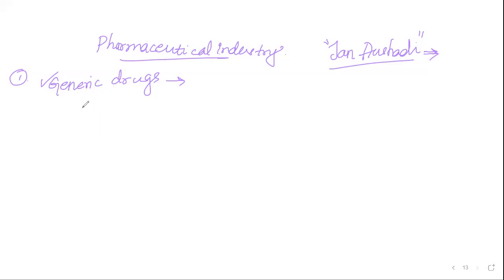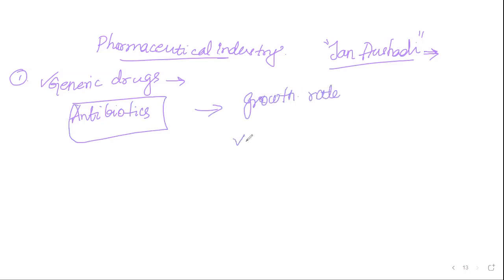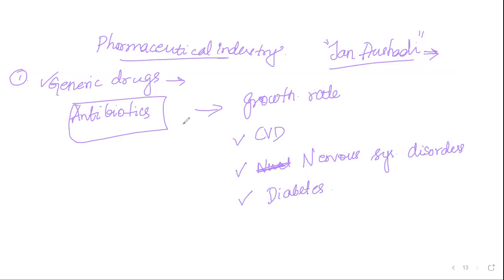At present, we are witnessing a maximum sale of antibiotics, but the growth rate is very high in terms of, number one, cardiovascular diseases, number two, nervous system disorders, and number three, diabetes.